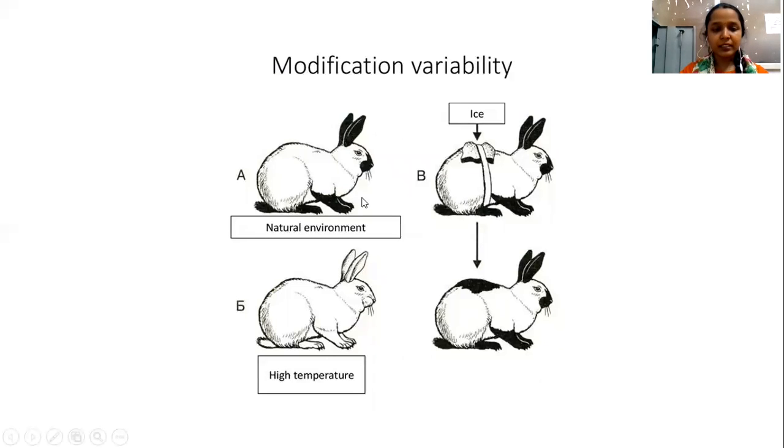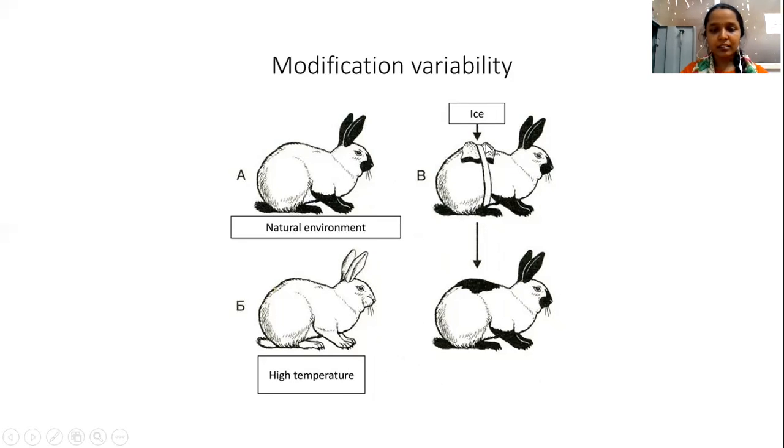Naturally, the Himalayan rabbit in the natural environment has extremities like the ears, the feet and the tail that will be darker, whereas the rest of the body will be white fur. At high temperature, the whole animal will turn into white fur.